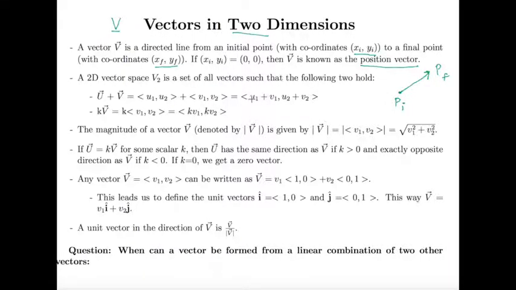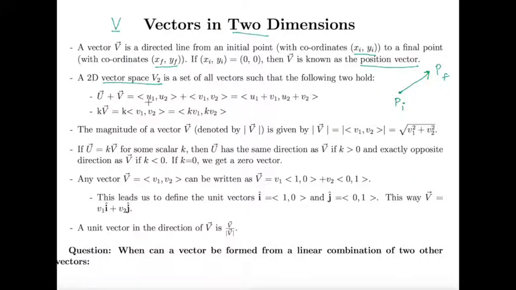Okay, now we talk about the vector space. Vector space is V2, though this is not the only notation used for vector space. So a 2D vector space is a set of all vectors such that the following two conditions hold. If we add two vectors, we can add them by adding their corresponding x and y coordinates separately.